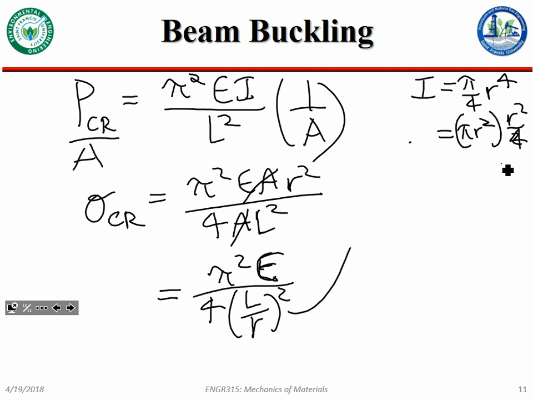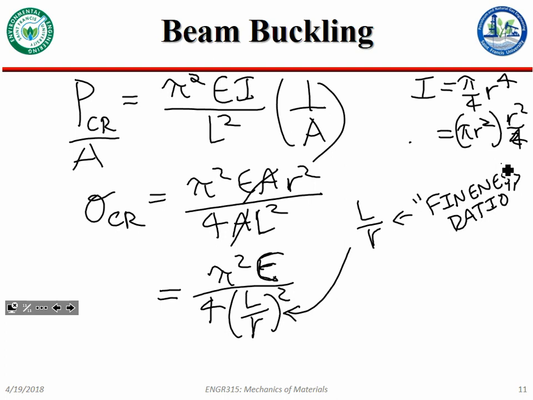Where this L over R, you might hear referred to as a fineness ratio, which, just like I was saying, essentially describes how slender the object is.